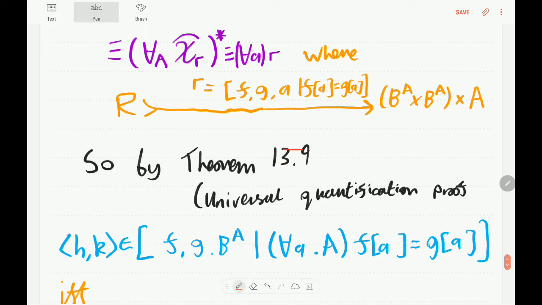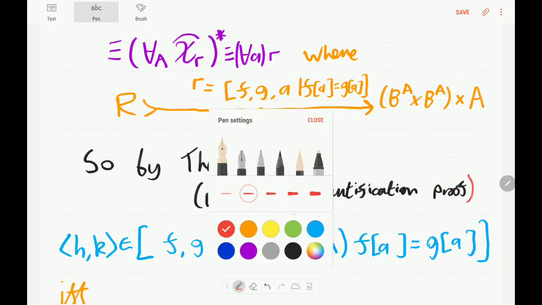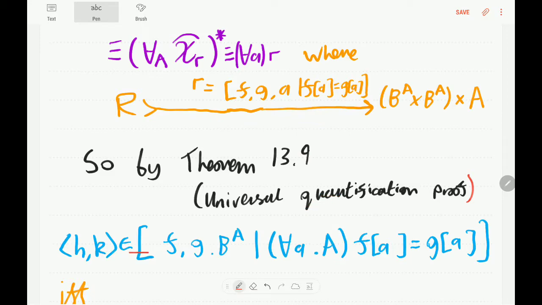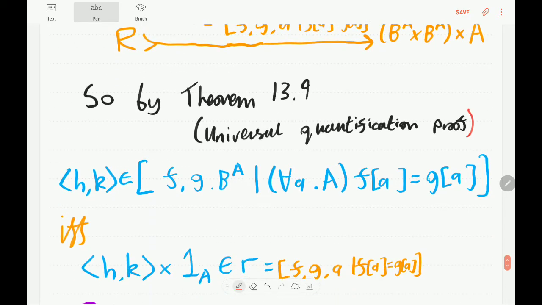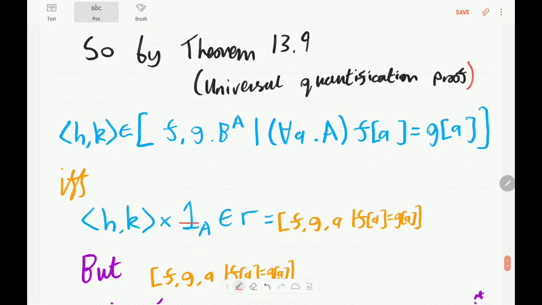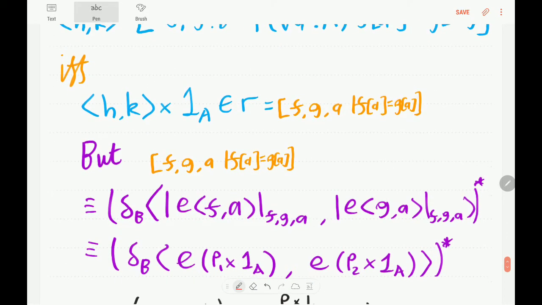Anyway, by theorem 13.9, as you can see in this universal quantification proof video, we're going to have that h comma k is going to be in this big extension here if and only if h comma k times the identity arrow is in R, where, as again I say, R is the extension of f evaluated on a equals g evaluated on a over f, g, and a. But here we want to actually work out what R is.